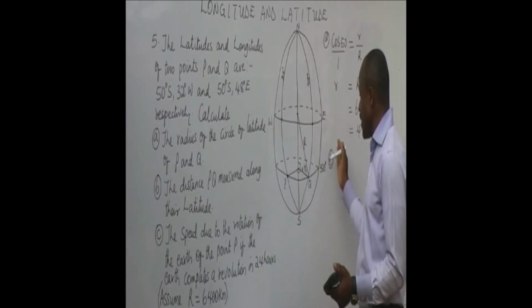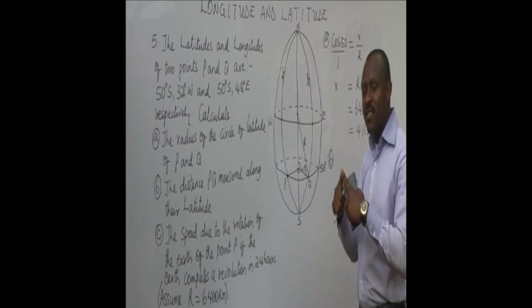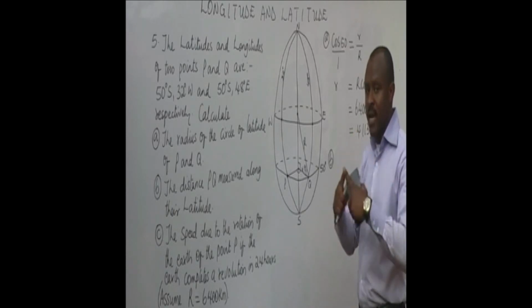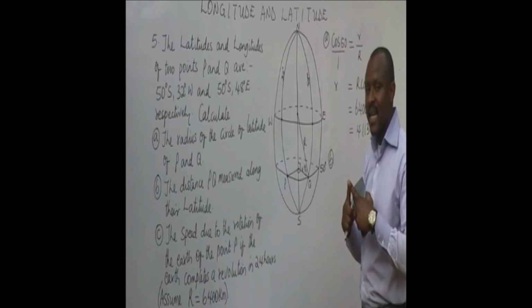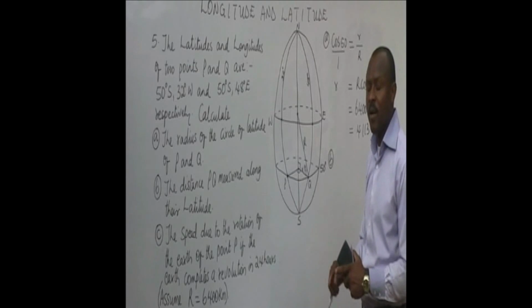This one is on the east, this one is on the west. So you add the values of the lines of longitude to get the angle they subtend to the center of their line of latitude.